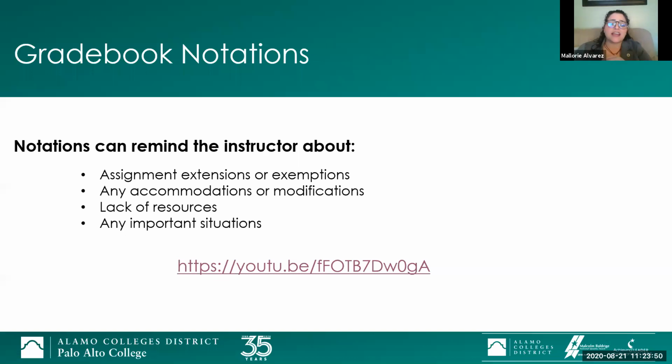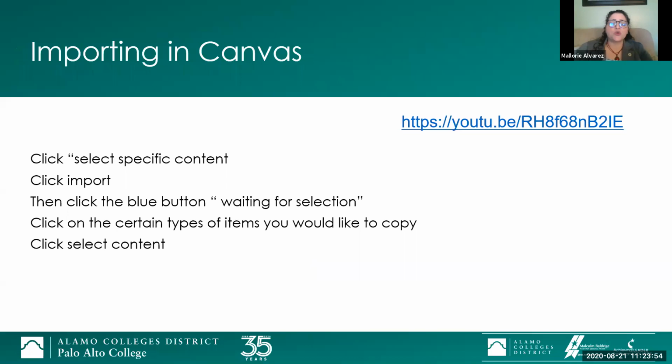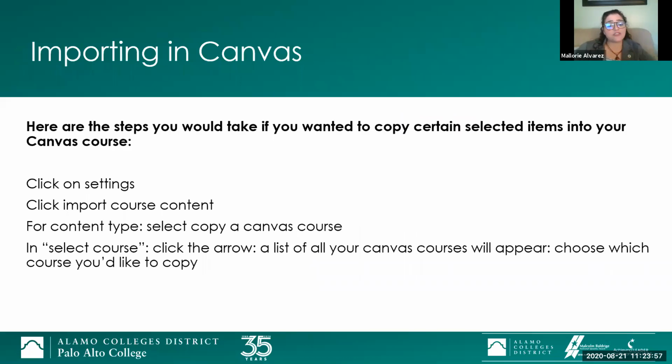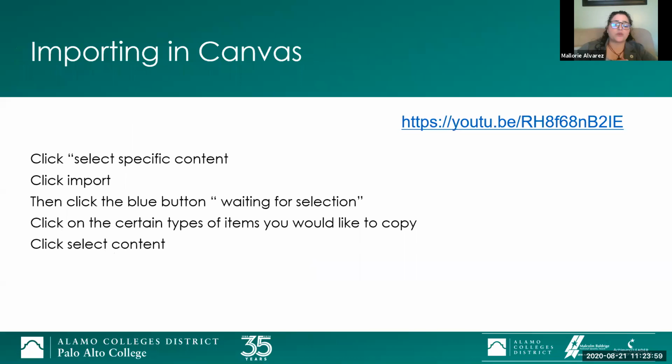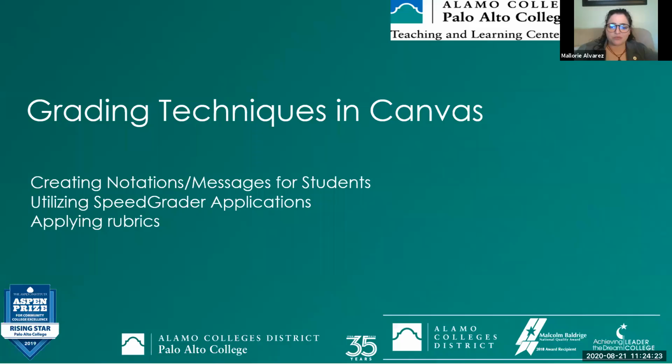In my slideshow, I showed two things: importing an entire Canvas course, and importing just certain items. For example, if you only wanted to pull some great videos that you had used in a different Canvas course, these steps would show you how to select certain items where you don't want the whole thing, but just little bits of things. Hopefully that answered your question.